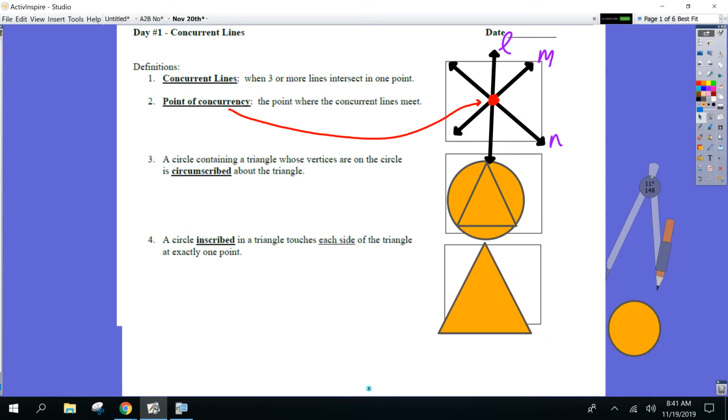But now when the circle's inside, the circle needs to touch each side of the triangle. So when I draw a circle around the figure, I say it's circumscribed. When I draw it inside a figure, I say it's inscribed.